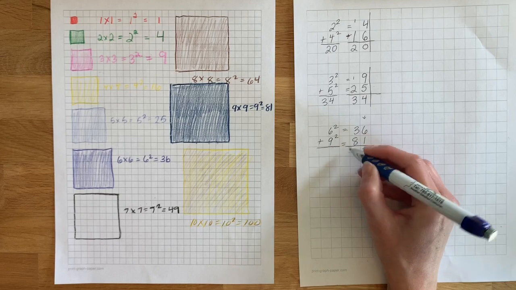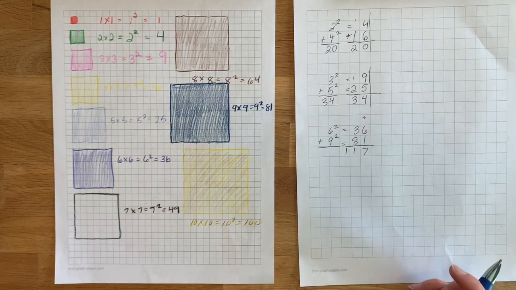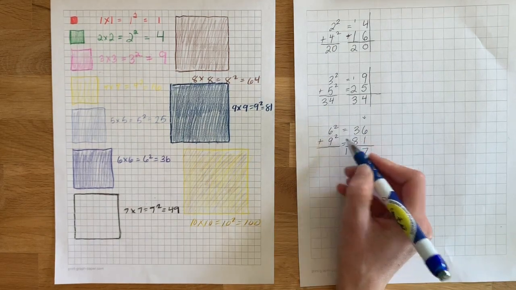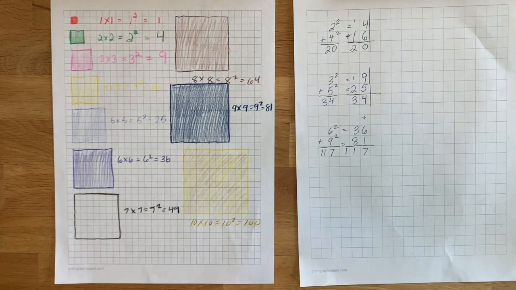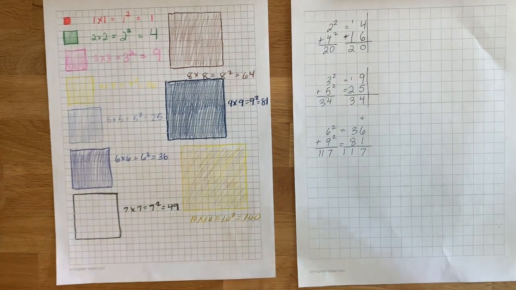We don't have any neighbors to give to, so we put both those digits below. 6 squared plus 9 squared equals 117.